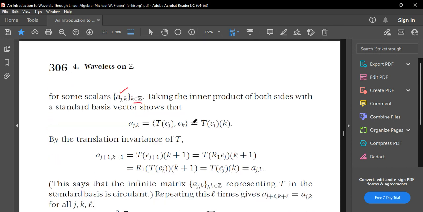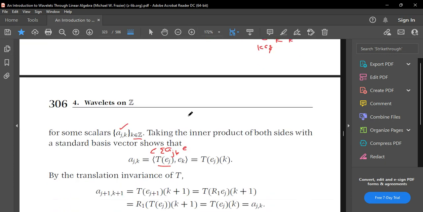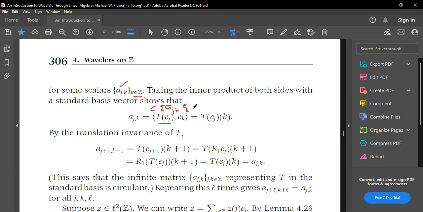Taking the inner product on both sides with the standard vectors, the inner product of T of Ej and Ek equals the inner product of the summation Ajk Ek with Ek.